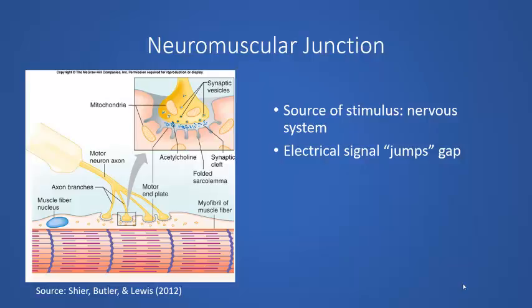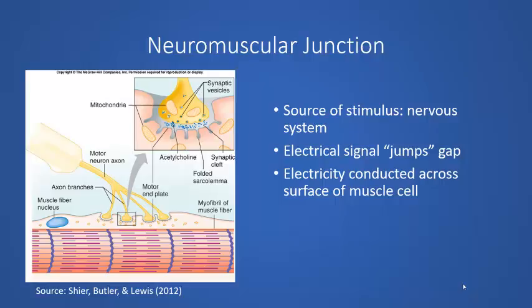But for right now, just assume that the electrical signal is able to pass from the nerve cell across that gap and into the muscle cell. Once the electrical signal jumps into the muscle cell, it will conduct that electrical signal along its cell membrane in much the same way that the nerve cell did.